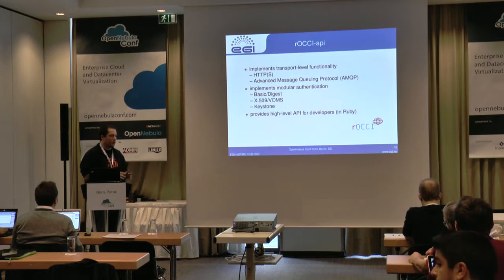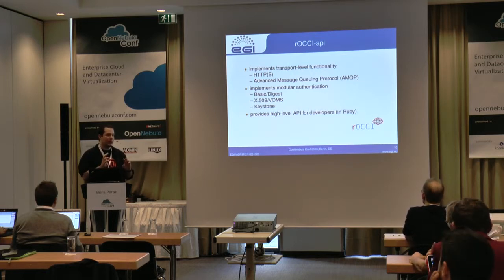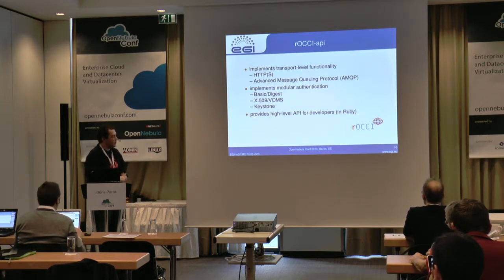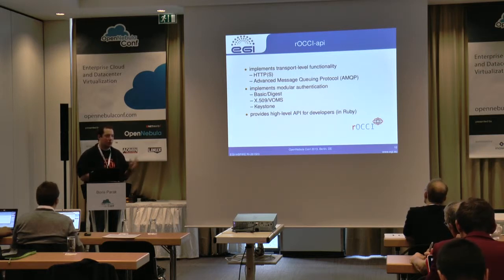For example, you don't want to handle authentication, you don't want to handle HTTP transport, you just want to write your own script or your own application. rOCCI API is the right thing to use because we provide high-level methods to just list available resources, to launch resources. So it's still a developer tool, but it can be used on a much higher level than the actual rOCCI core, which is just a bunch of classes.